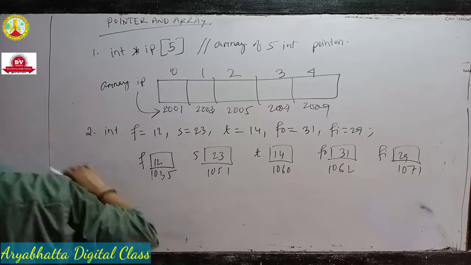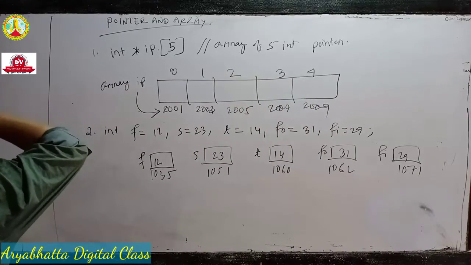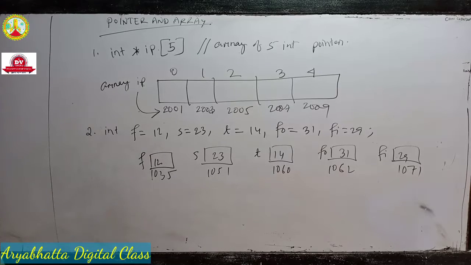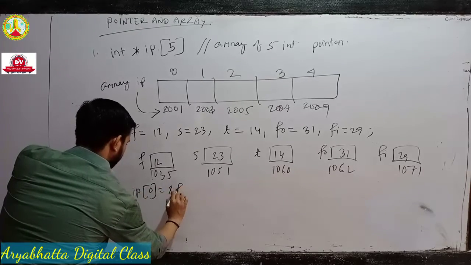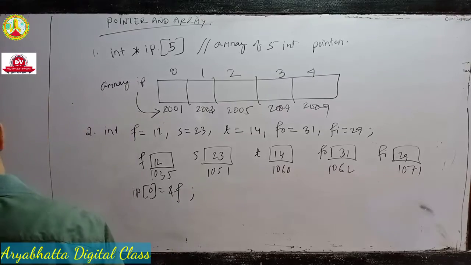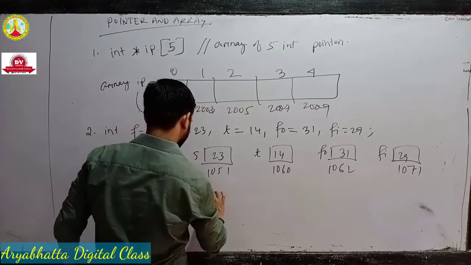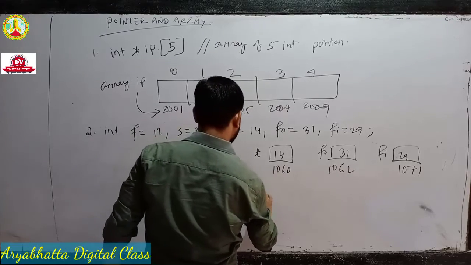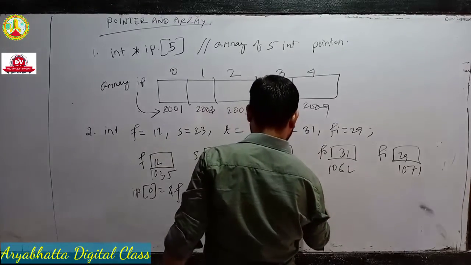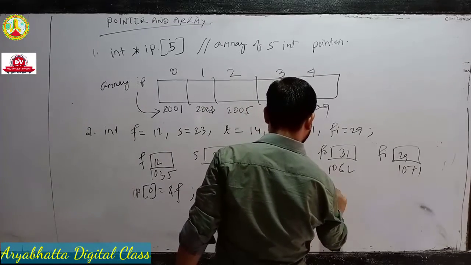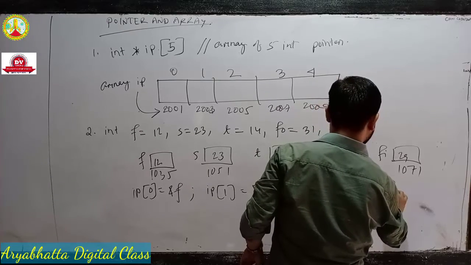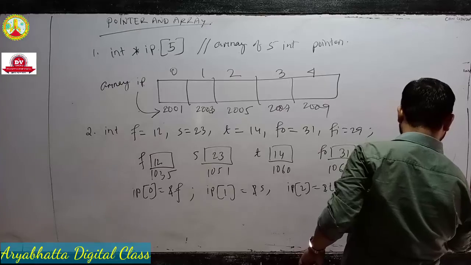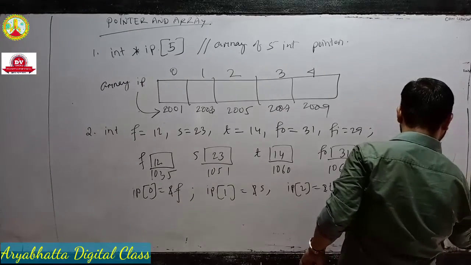Okay, see, memory addresses are assigned randomly. For ip[0], the memory address will be that of f. For the next, the memory address will be that of s. Then that of t, then that of fo, and the memory address of fi.